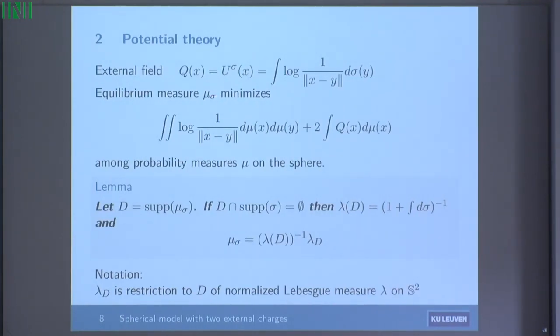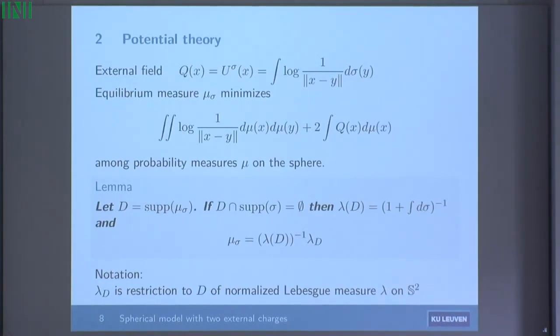There will be a unique probability measure that minimizes this, and that's the equilibrium measure in the external field generated by sigma. That's exactly our setting. The sigma will be 2 Dirac masses at these 2 points, and the free mass will distribute itself as this measure mu sigma that minimizes this expression. That's what comes out of the potential theory.